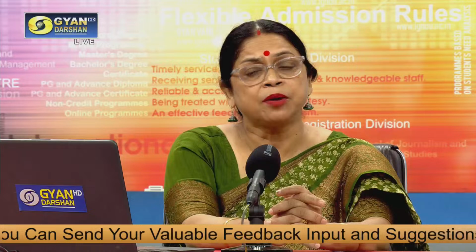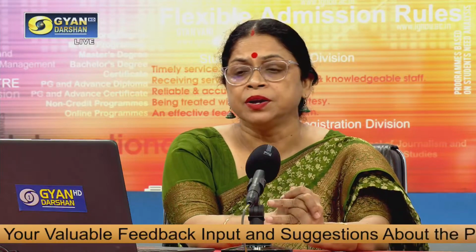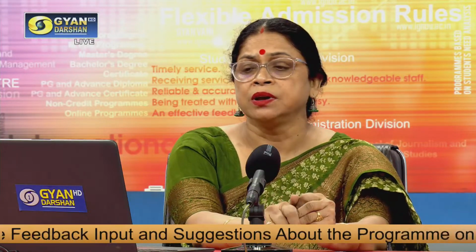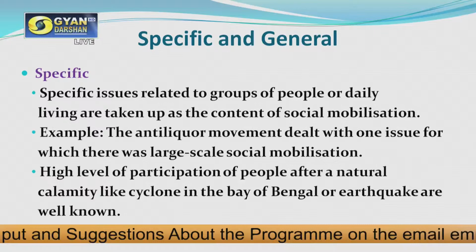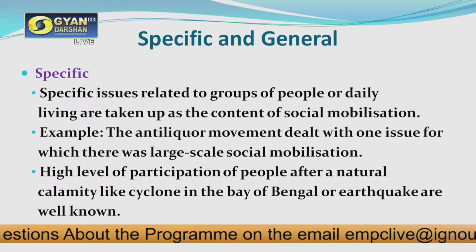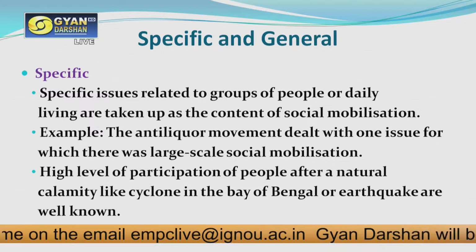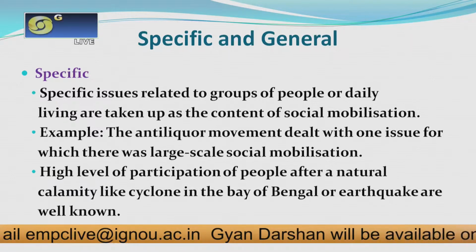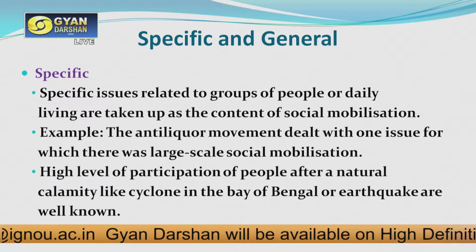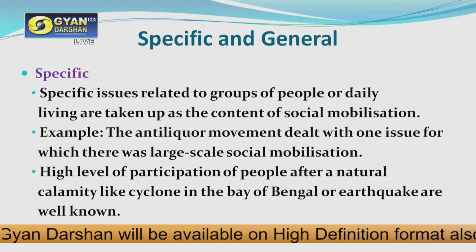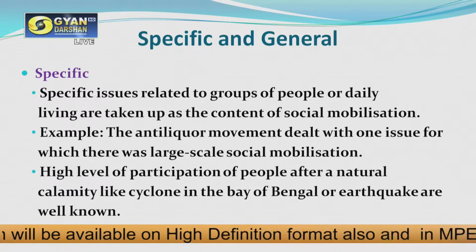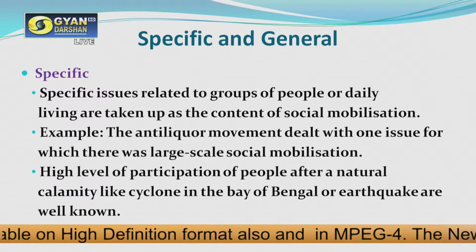Then the other type is specific and general. In the specific type, issues related to a group of people or daily living are taken up as the content of the social mobilization, like the anti-liquor movement, which dealt with one issue for which there was large scale social mobilization.